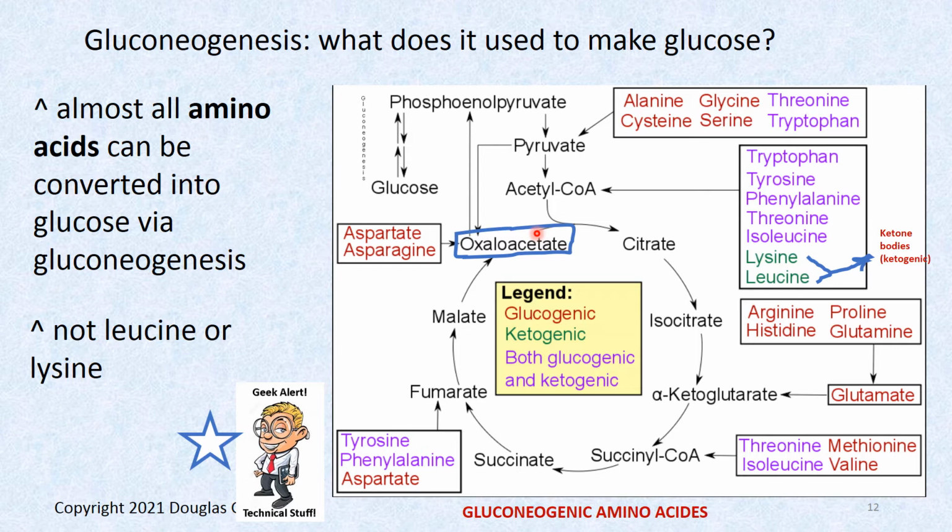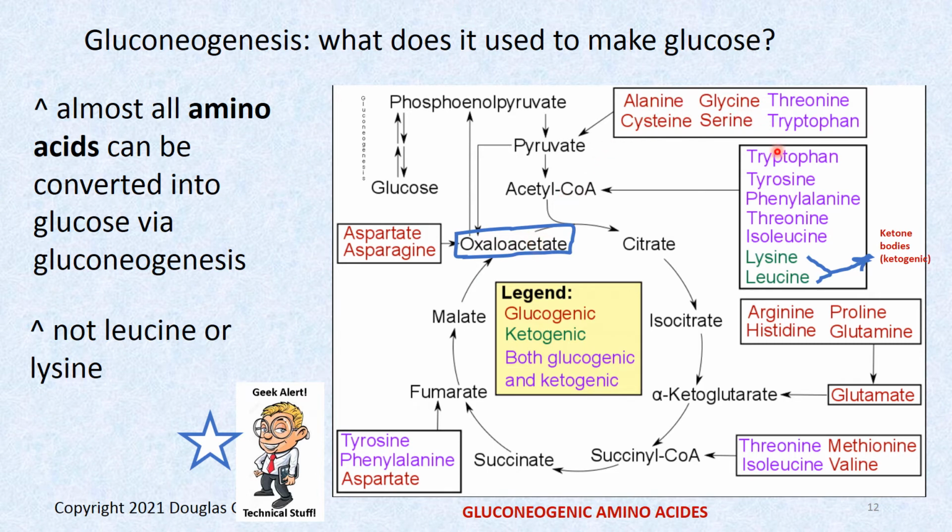What else can we use as a starting molecule? Well, oxaloacetate is still our starting molecule, but we can use, as I said before, almost every single amino acid. They can be run through the Krebs cycle, or used to create pyruvate or acetyl-CoA, and turned into oxaloacetate.